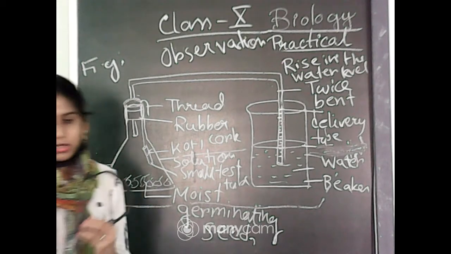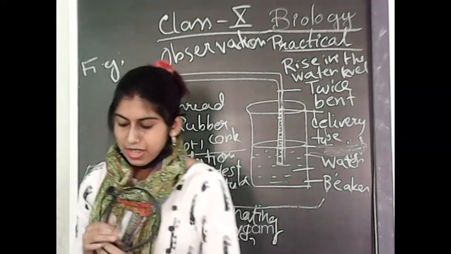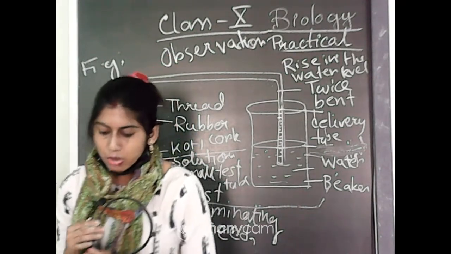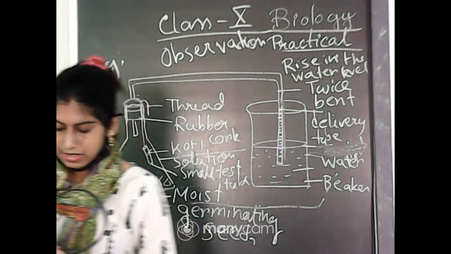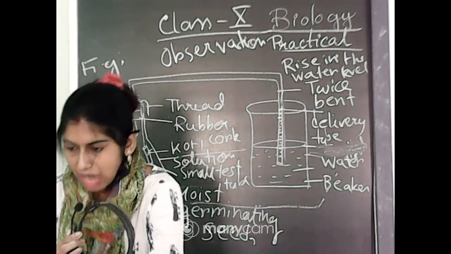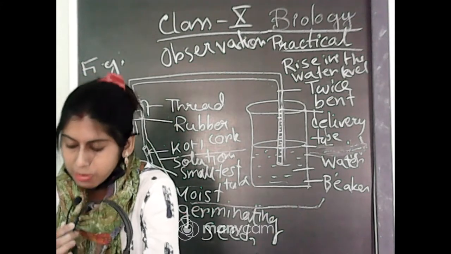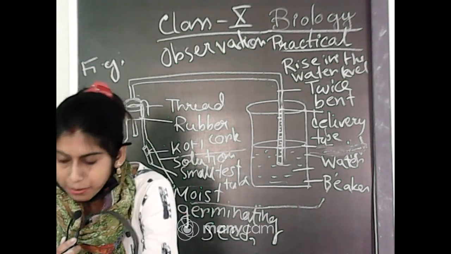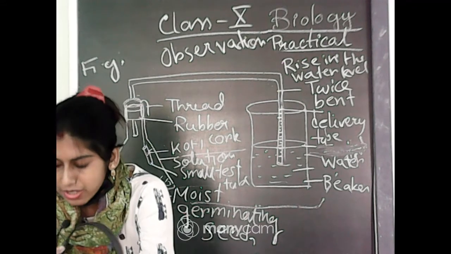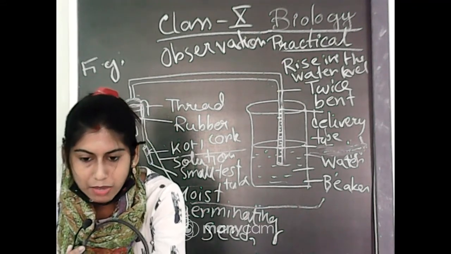After the observation, the last part is result or conclusion. So what will you write in the result or conclusion? Germinating seeds respire and release carbon dioxide which is absorbed by potassium hydroxide solution kept in the conical flask.